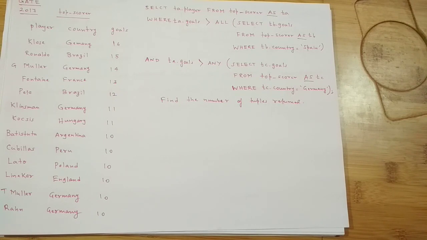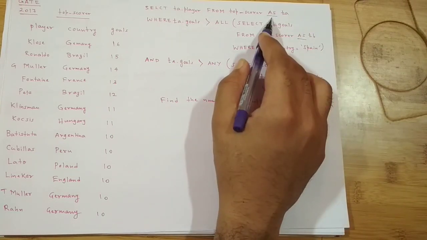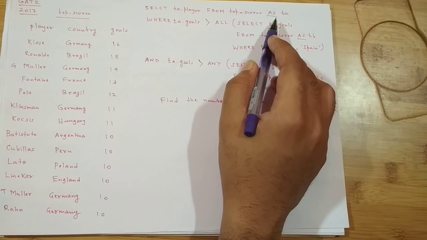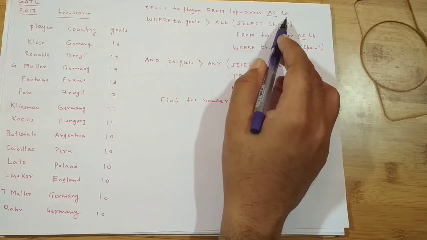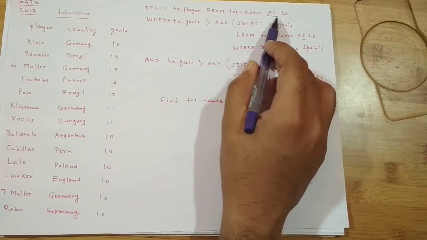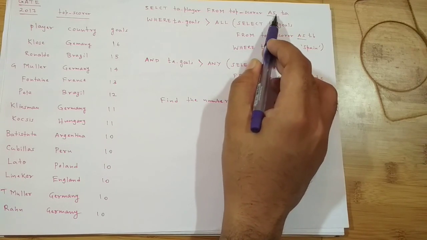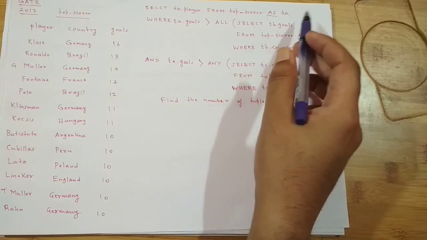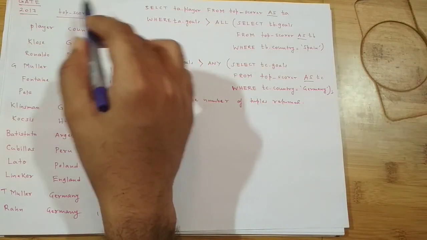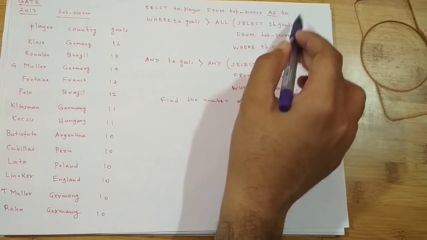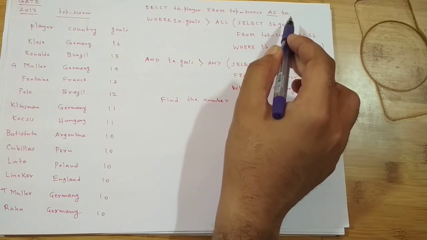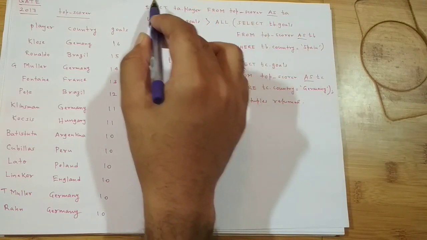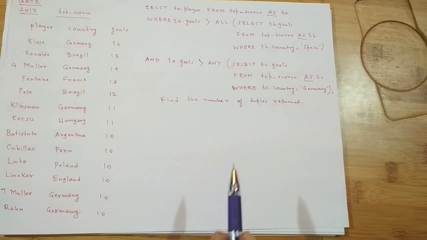In order to change from a long name to a short name, we have the as clause. The as clause will rename a table temporarily, mind you. Because I've used this as clause and renamed top scorer to TA doesn't mean that the schema has changed to TA. No, this is simply a temporary operation and will not affect the actual name of the relation.